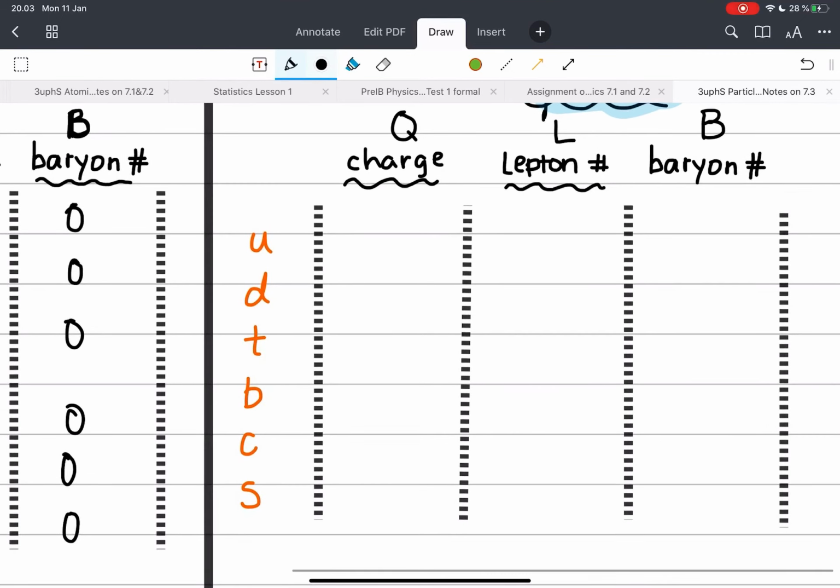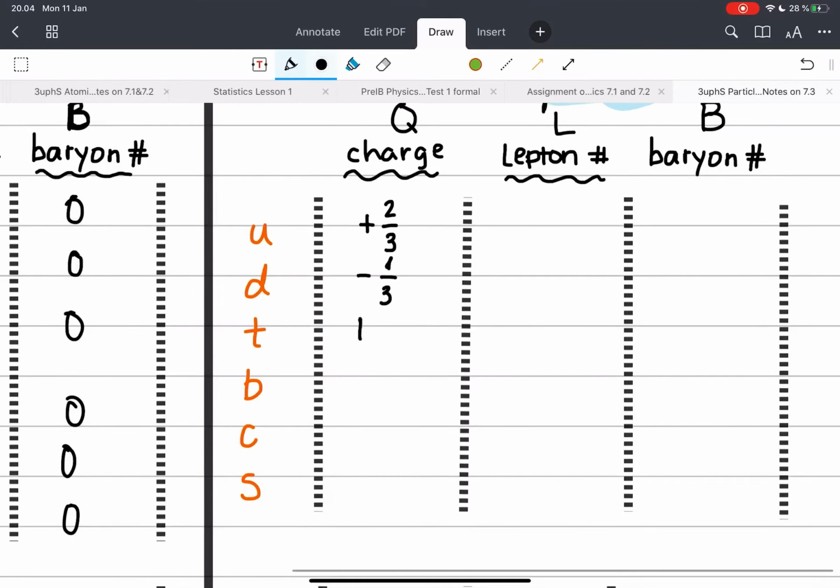For example, the up has a charge of +2/3. And the down has a charge of -1/3. The top again has a charge of +2/3. The bottom -1/3. Charm +2/3, strange -1/3. That's how they look.